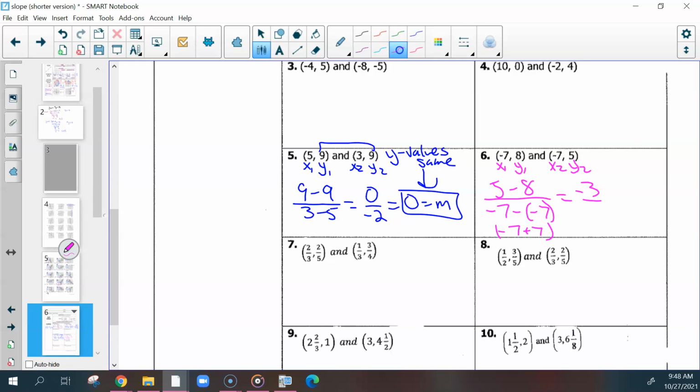So that would be 0. Anything divided by 0 would give you undefined.